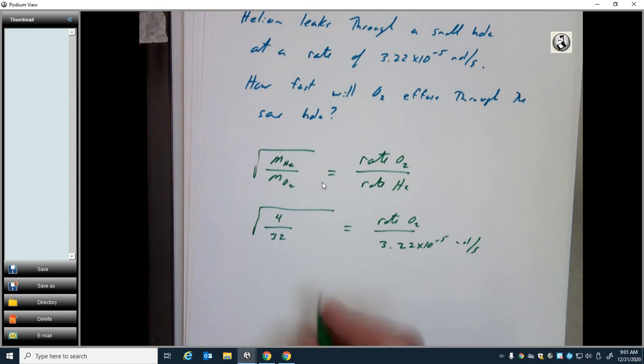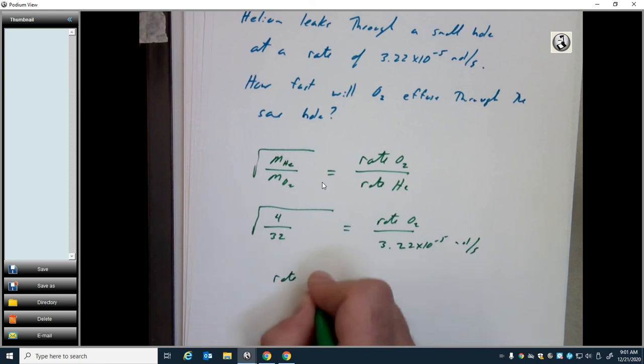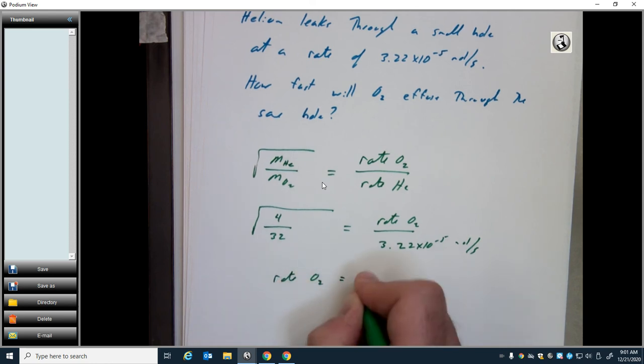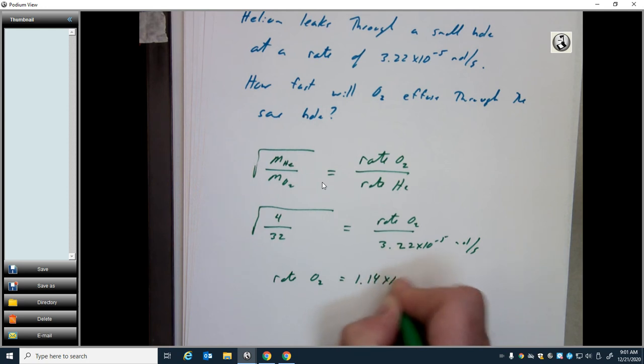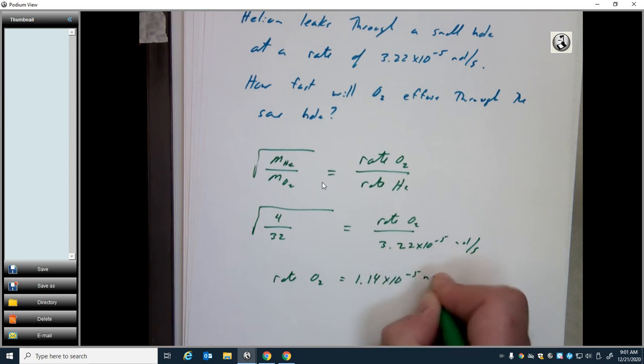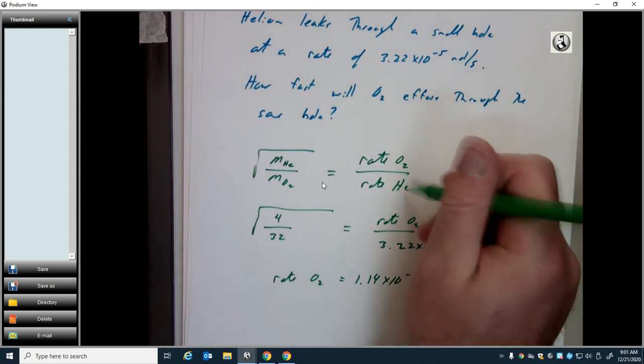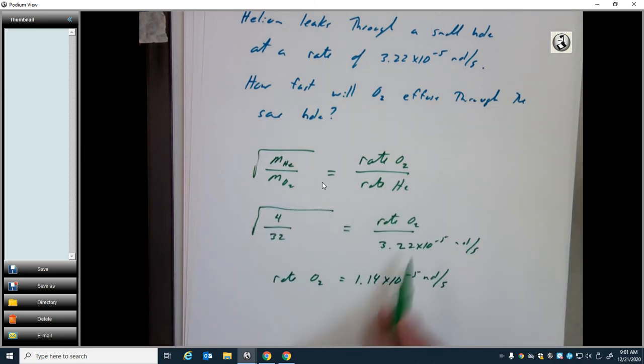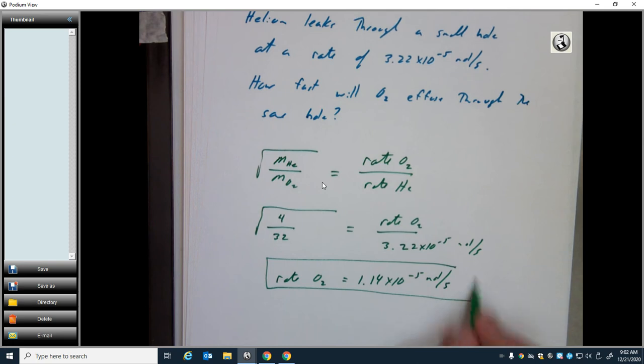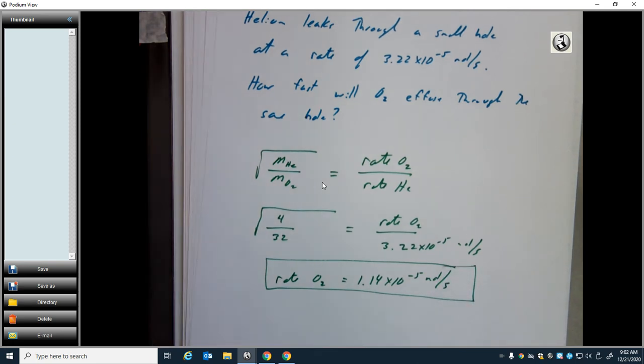When we do this math, our rate of oxygen is equal to 1.14 times 10 to the minus fifth moles per second. Now, oxygen is much heavier than helium, so this rate better be slower than this one. And it is by quite a bit. But it's just a simple way to compare that effusion rate.